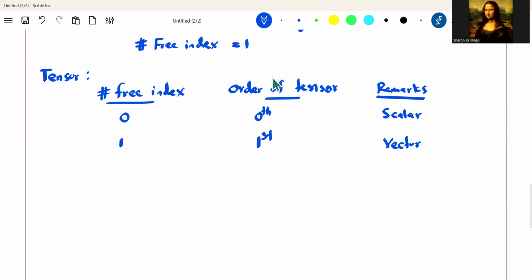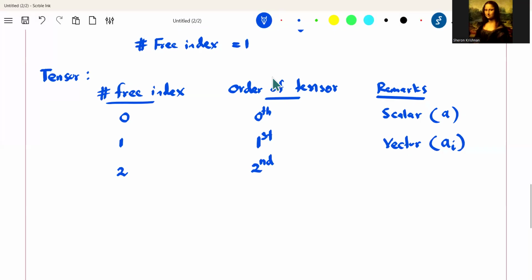Let's put the notation also as A. So this is AI. Now if I write AI, this is the vector, because I included the free index here. If you have two free indices, this is called a second order tensor, right?